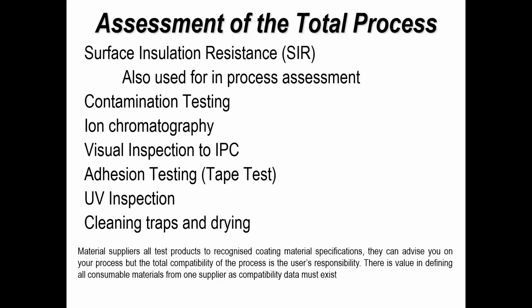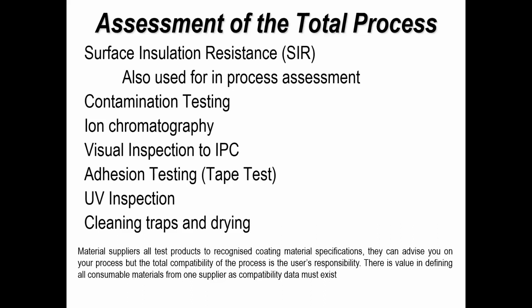Contamination testing, seeing if there is anything left on the board, if you're going to go for a no clean process, and or the use of ion chromatography. Ion chromatography is checking for ion content, so corrosive materials, but it's actually measuring specific materials rather than contamination like ROSE testing, which is a general number of those materials. So you're being specific on what you're looking for.